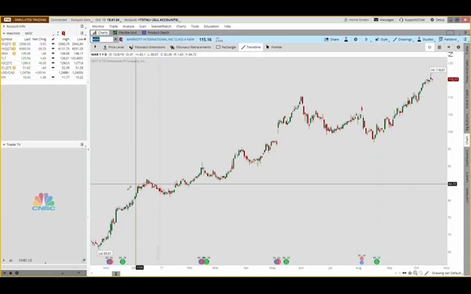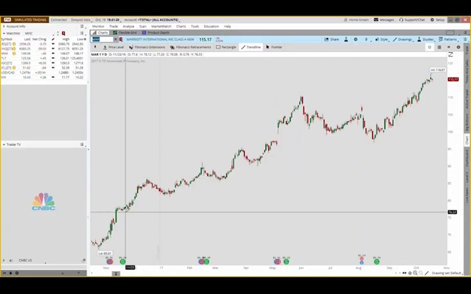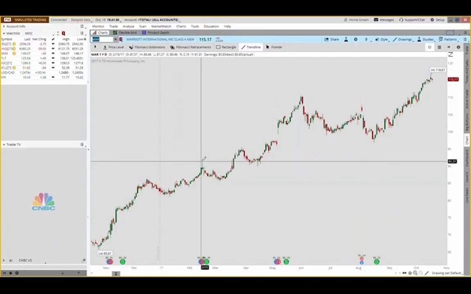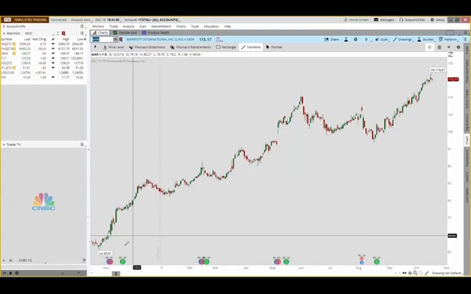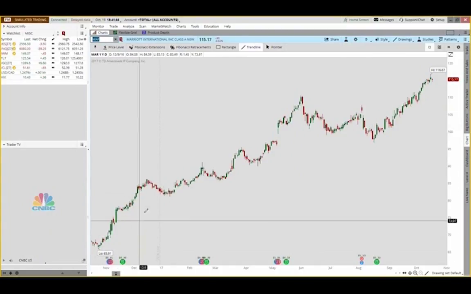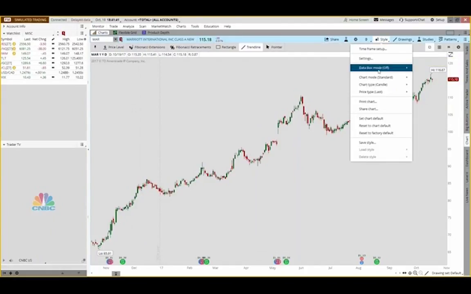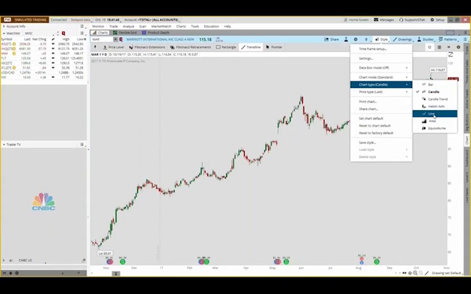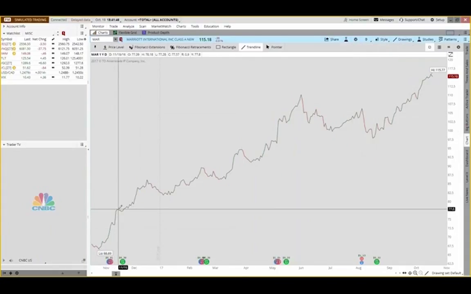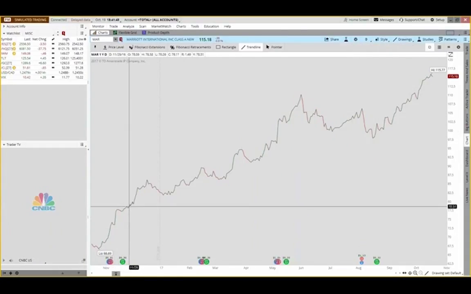Now, remember, the highs are pivot highs, and these lows are pivot lows. If you ever have trouble identifying pivot highs and pivot lows, to get areas of significant support and resistance, change your chart style to a line graph. Now these points become very, very obvious.